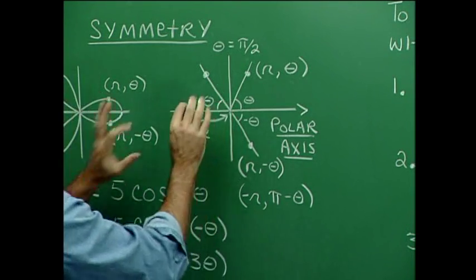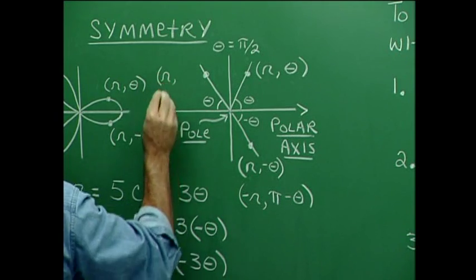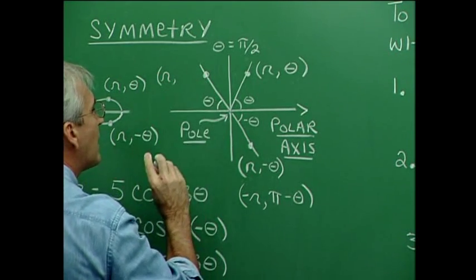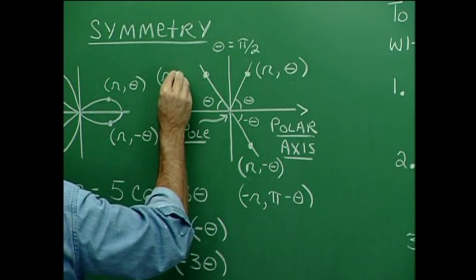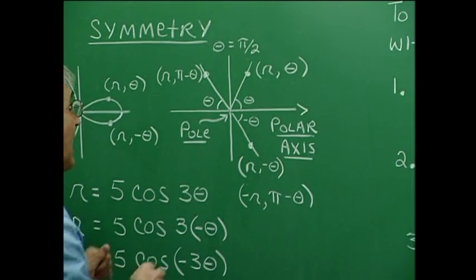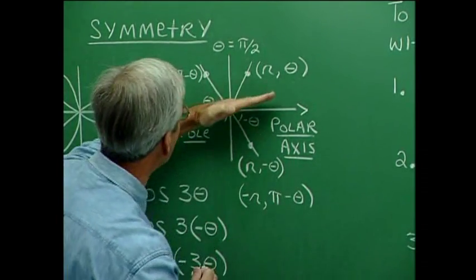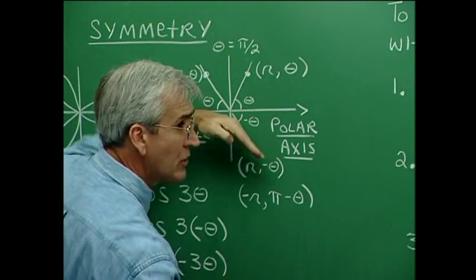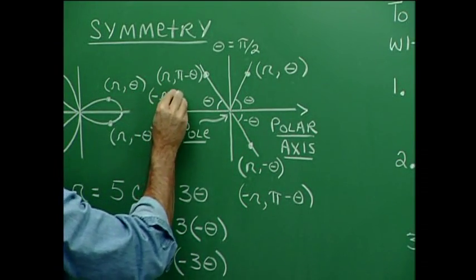If we're using the same r, then that point right there is pi minus theta. So (r, pi minus theta) is on the graph. And there's another way to find this point. We could generate the angle down this way and have a negative r. So this could be (negative r, negative theta).